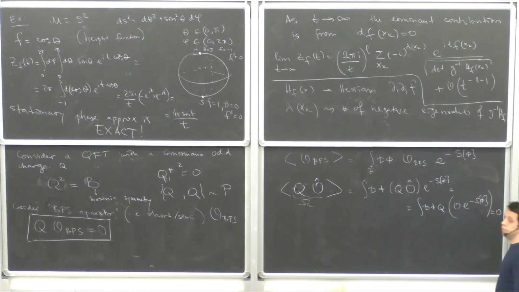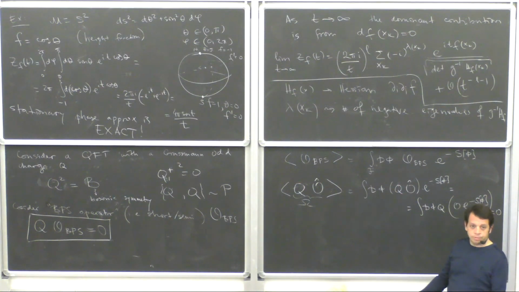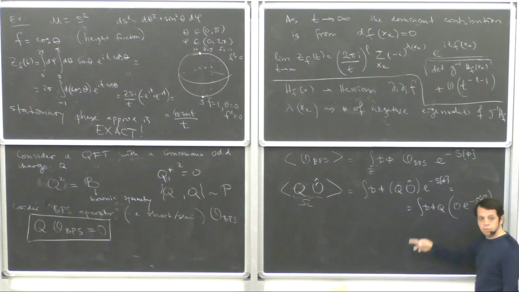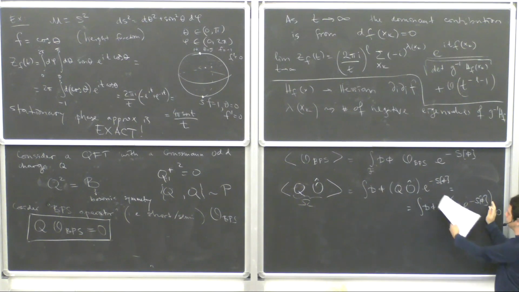The answer is 0, I claim, but I have to explain a little bit. So Q, by assumption, is a conserved charge, which means that Q on S is equal to 0. The action of Q on S is equal to 0. So this is why I can move this bracket here. So this equation is true because Q on e to the minus S will give you 0. Is that clear?